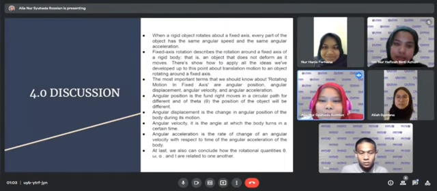The most important terms that we should know about rotating motion in a fixed axis are angular position, angular displacement, angular velocity, and angular acceleration. Angular position is the position along a circular path; for different values of theta, the position of the object will be different. Angular displacement is the change in angular position of the body during its motion.